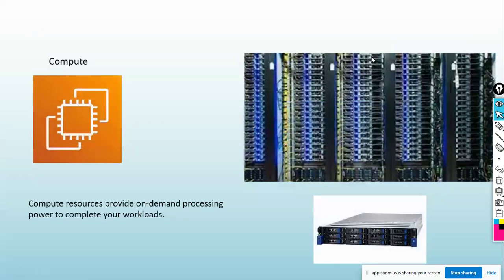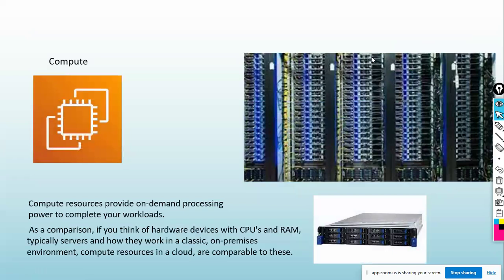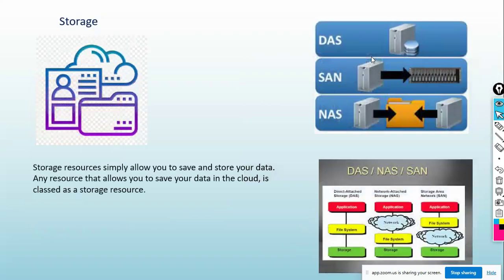Compute is nothing but it will provide processing power like our server, our systems. It will have CPU, memory, storage. Storage is the storage devices like our hard disk or USB, where we'll store our data.